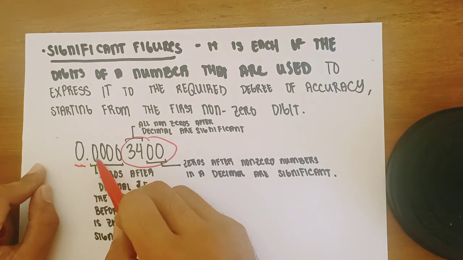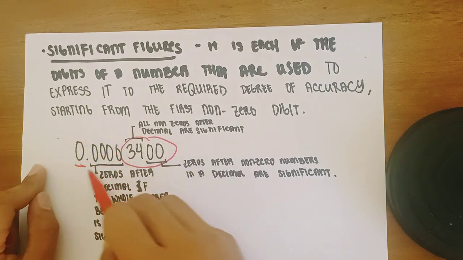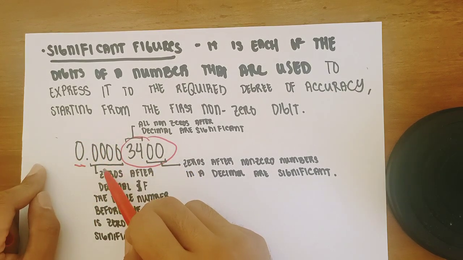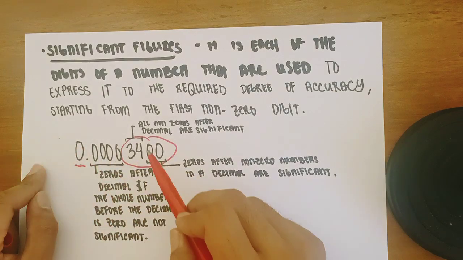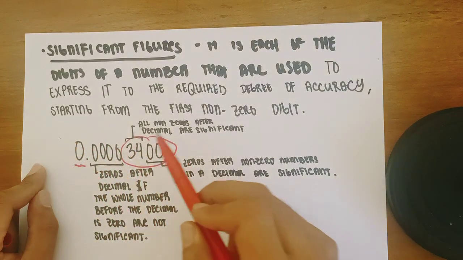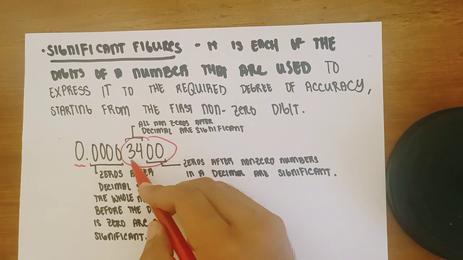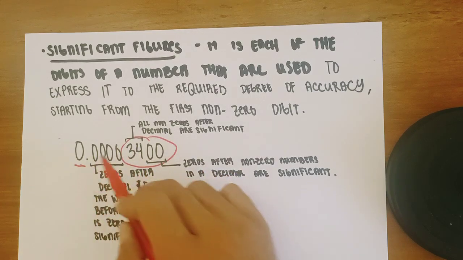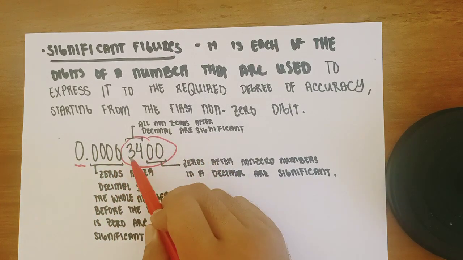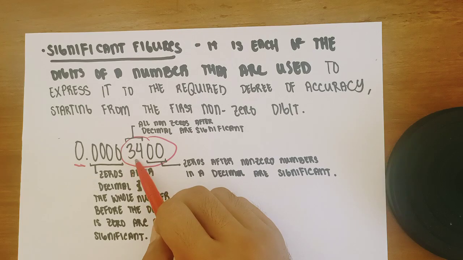So, 0.0000, itong limang to, hindi siya considered na significant figures. However, ang unang number na magsimula na non-zero, or mga numbers, 1, 2, 3, 4, after the decimal point is considered significant. So, itong 3, 4 are significant.